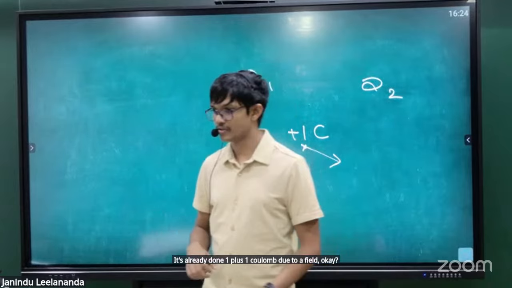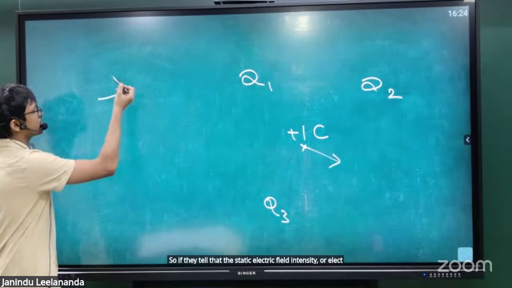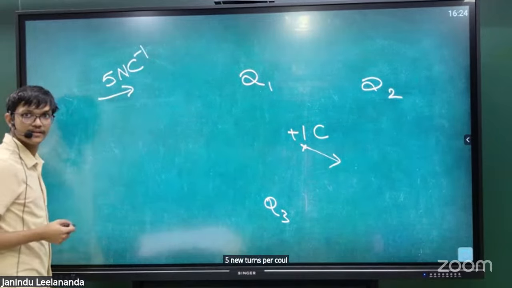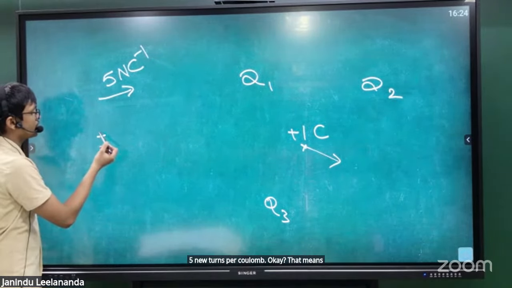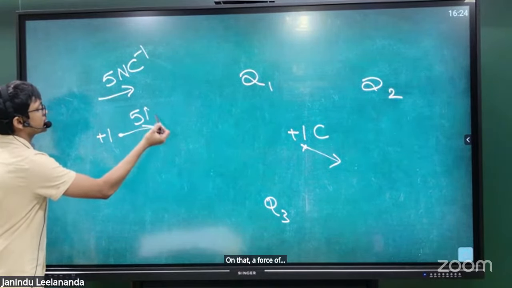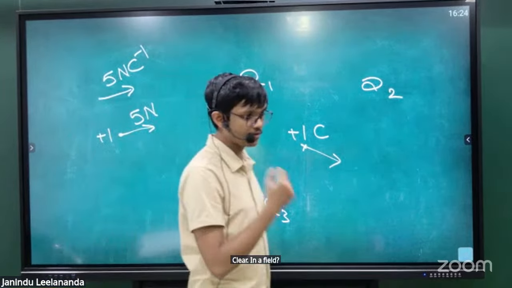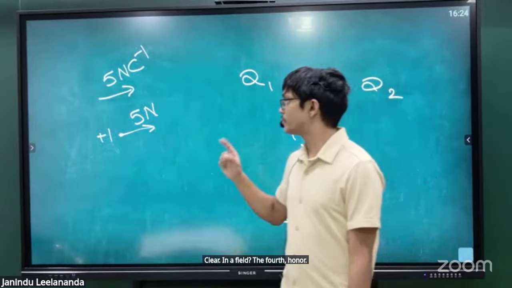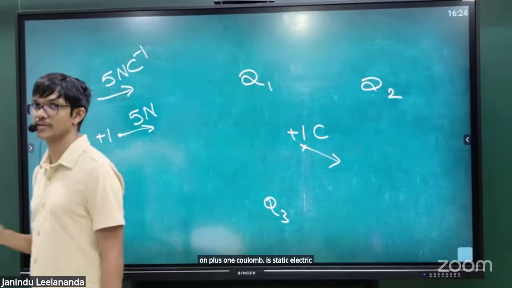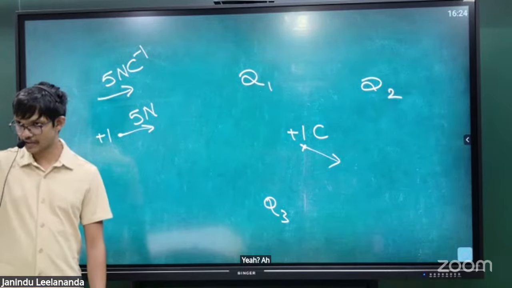So if they tell that the electrostatic field intensity here is 5 Newton per coulomb, that means if you place 1 coulomb here, a force of 5 newtons will occur in that direction. In a field, the force on plus 1 coulomb is the electrostatic field intensity. Clear?